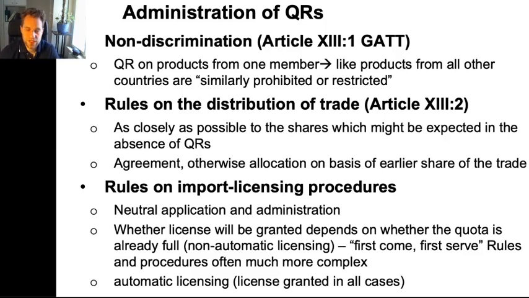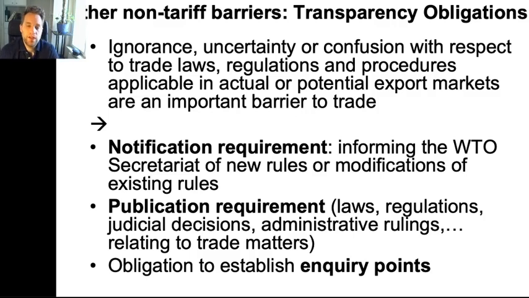Other non-tariff barriers that need to be mentioned at this point concern all the obligations in respect to transparency. So as you can imagine, if you're a trade partner and you are uncertain what will happen when it comes to trade laws, what will happen at the border, what will happen inside of a given export market, you might think, okay, we don't really want to export there because there are no rule of law standards.